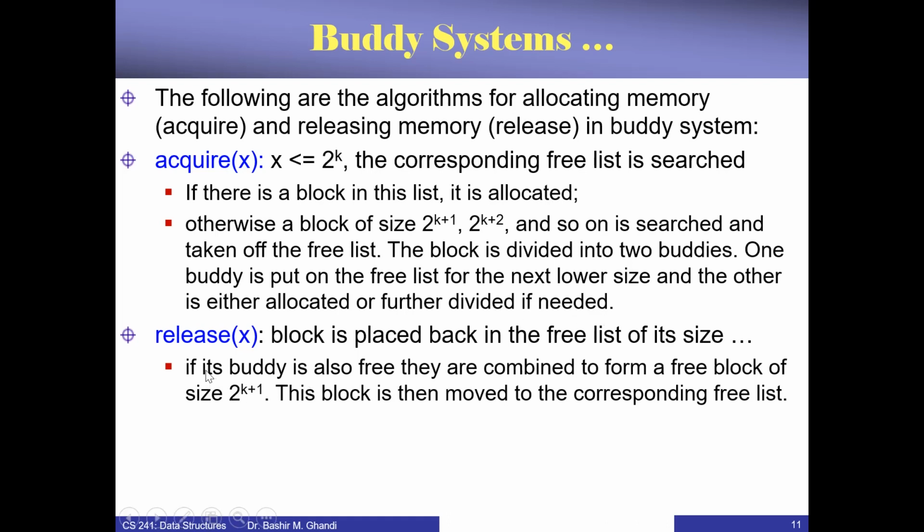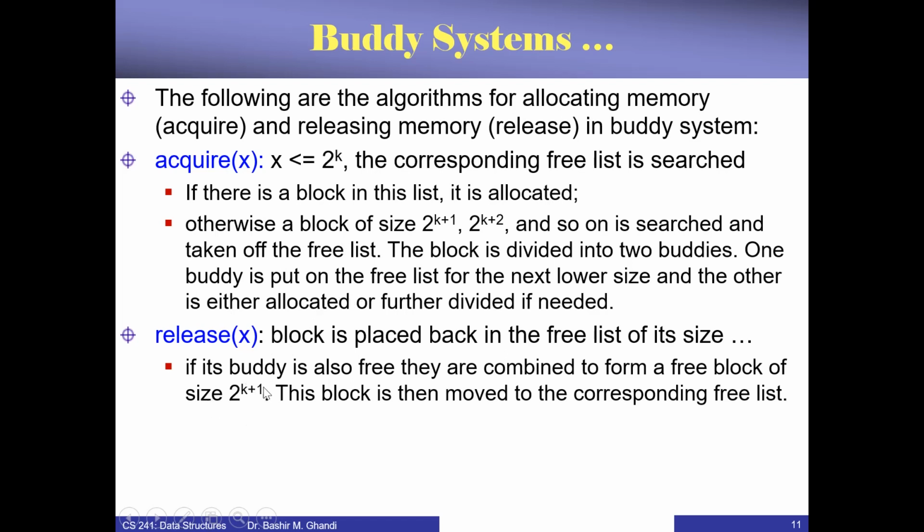We check if its buddy is also free. The one that has been returned, if its buddy is already available, we don't keep two small pieces together. Rather, we combine them together to form a free bigger block of size 2 to the power k plus 1. And we try to put it in the linked list of size 2 to the power k plus 1.